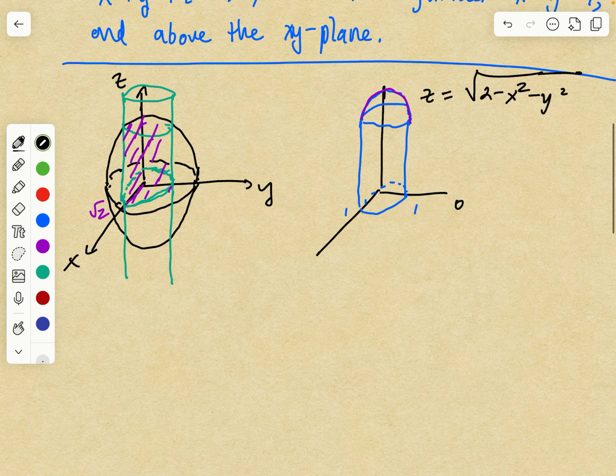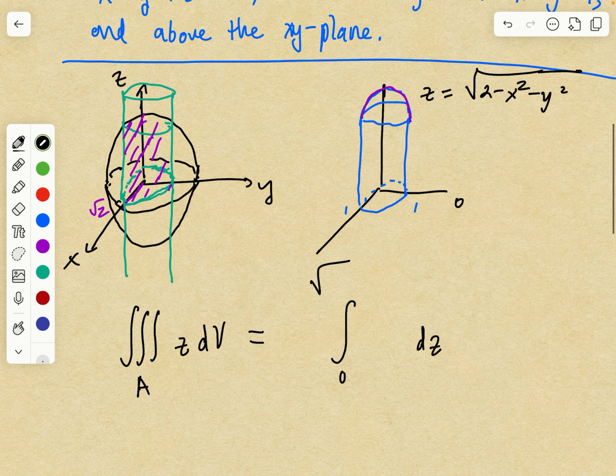So by Fubini's theorem, the integral that we want is the integral with respect to z from 0 to the square root of 2 minus x squared minus y squared, z. And then you integrate this over the region R, which you project onto the xy plane.